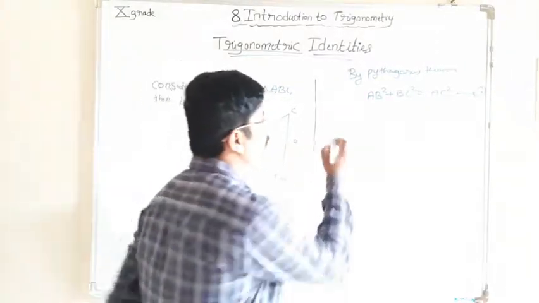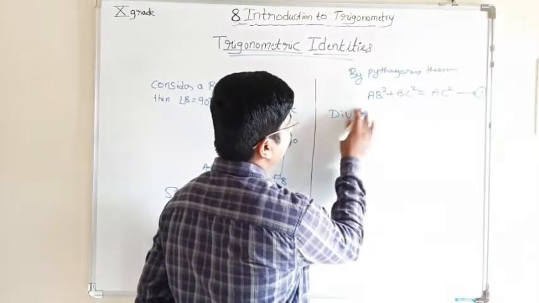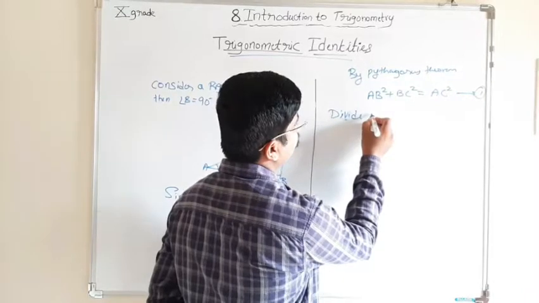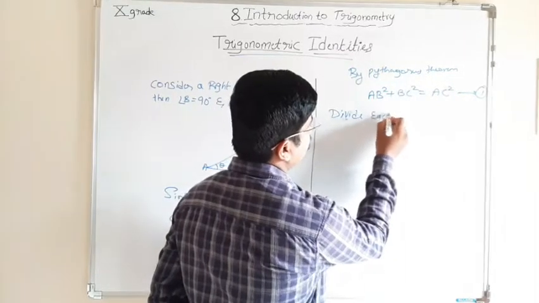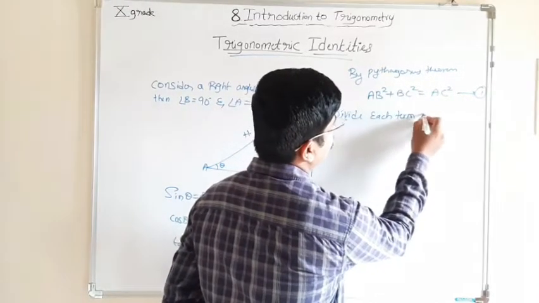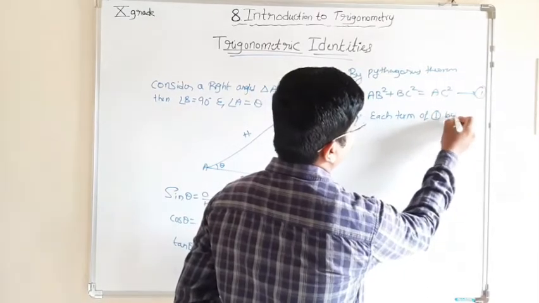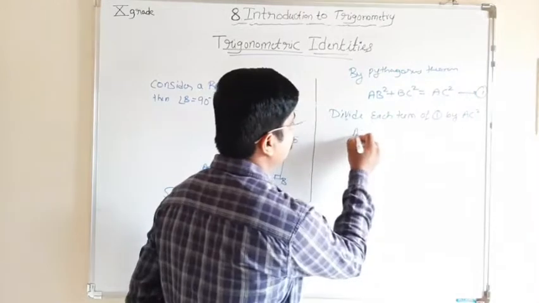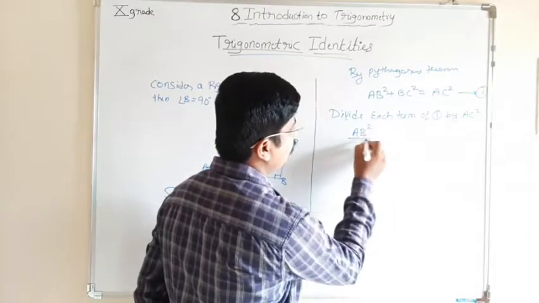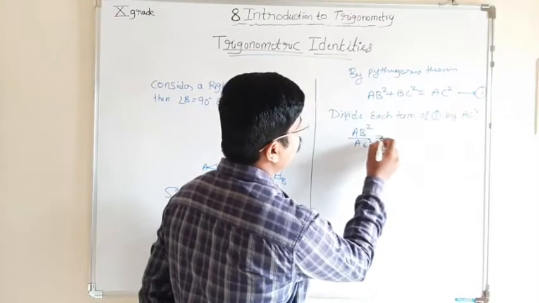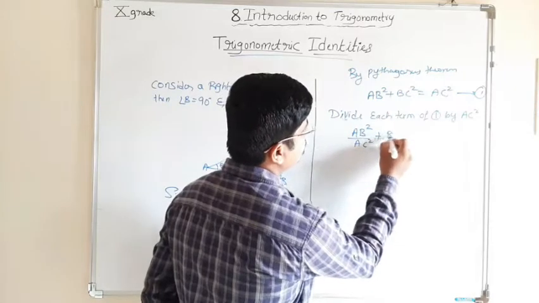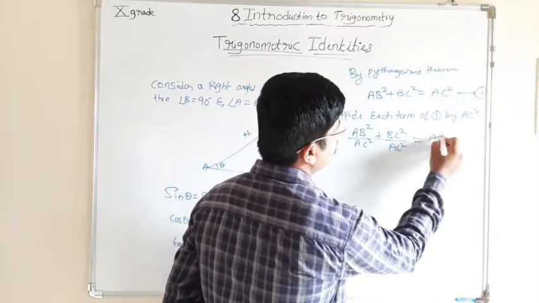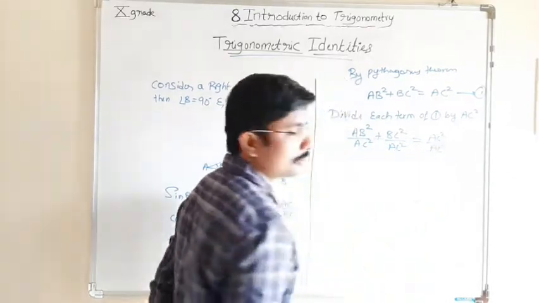Yes, divide each term of 1 by AC square. AB square divided by AC square plus BC square divided by AC square is equal to AC square divided by AC square.